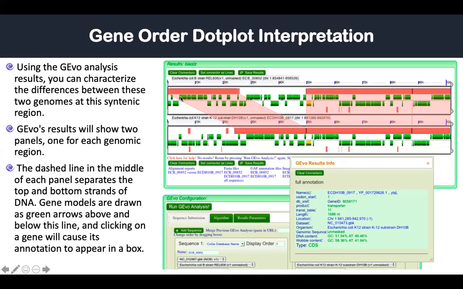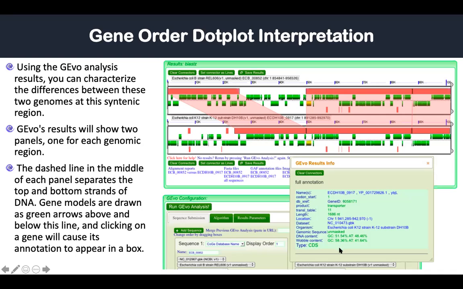In the forward strand, you can see these green blocks. These green blocks refer to the genes which are present there. If you want to know what gene it is, you just place your cursor there, and it will give you an annotation of what the gene is, the gene ID, what protein product the gene codes for, the length of the gene, and the position or location, for example 941,285 bases.